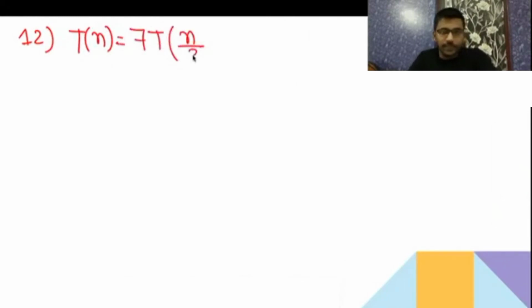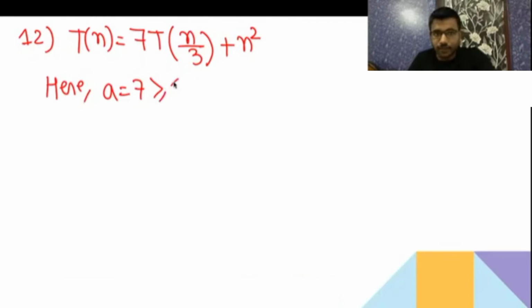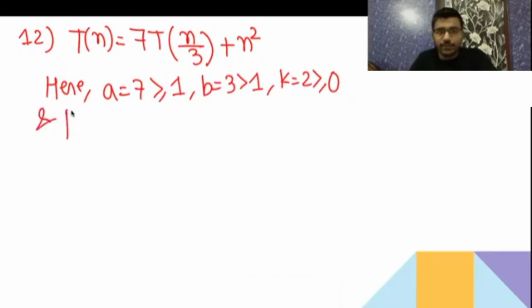Now see the next one. T(n) = 7T(n/3) + n². So here a is equal to 7, which is greater than or equal to 1, b is equal to 3, which is greater than 1, k is equal to 2, which is greater than or equal to 0, and p is equal to 0.